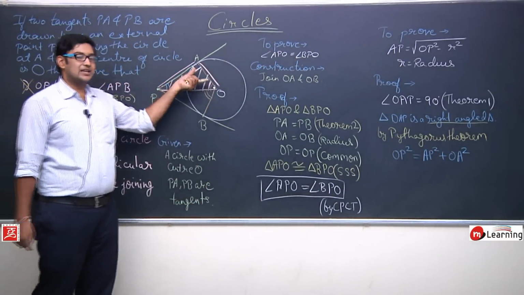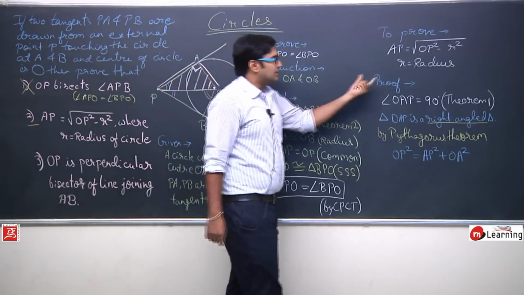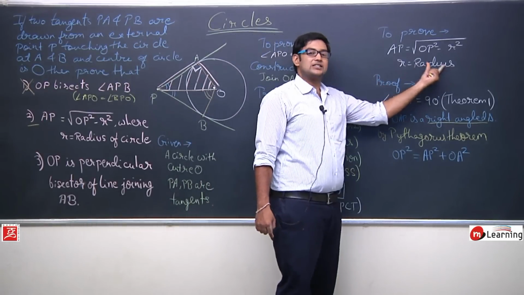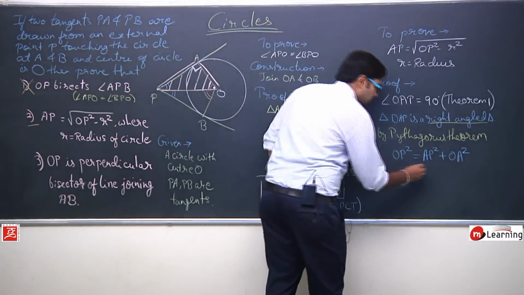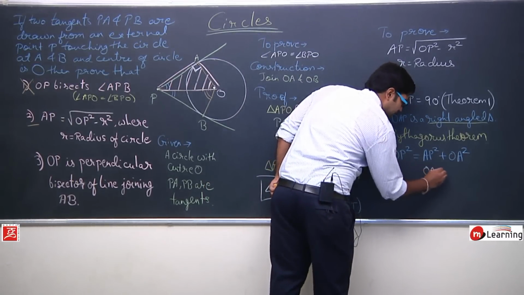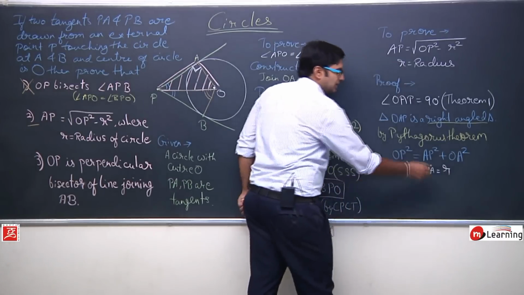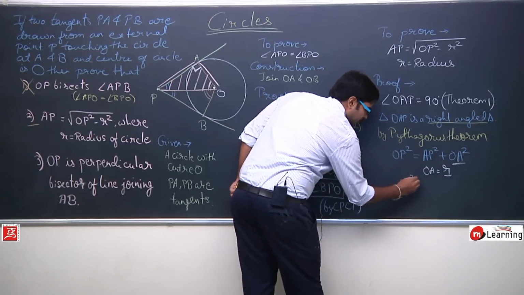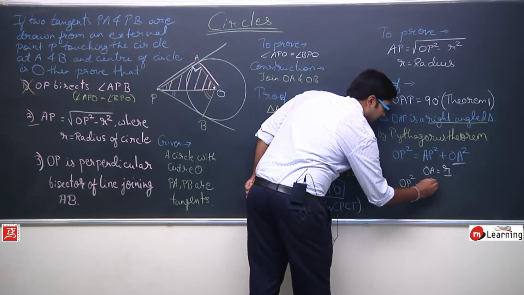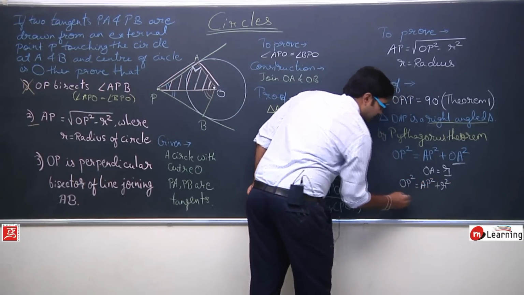OA is basically the radius of the circle, and it is given that the radius of the circle is denoted by small r. So I can write OA is equal to r. So in place of OA I can substitute r. So OP square is equal to AP square plus r square.